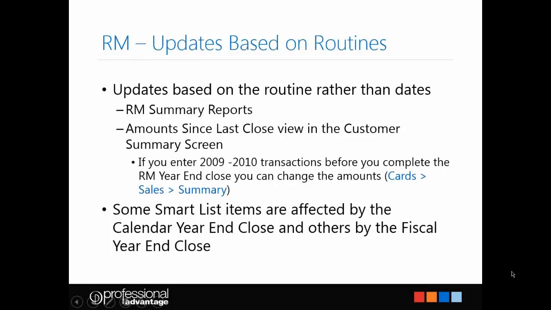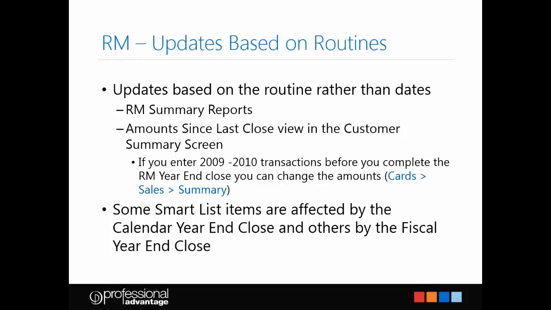Now, what exactly will the impact of the RM year-end process be? Basically, as I said, it's going to move transaction records in the inquiry window from the current year to historical year.